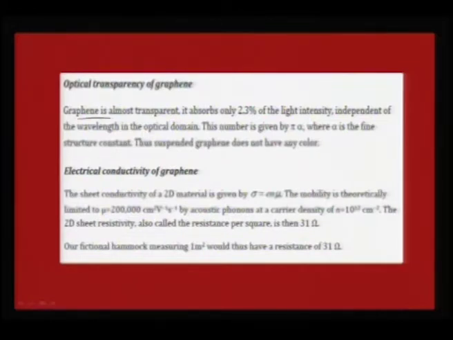In terms of optical transparency, it absorbs only 2.3% of light intensity. Therefore, a thin graphene sheet, say 1 or 2 layers of graphene, will give you almost 90% transmittance. So, it can be used as a transparent electrode also.